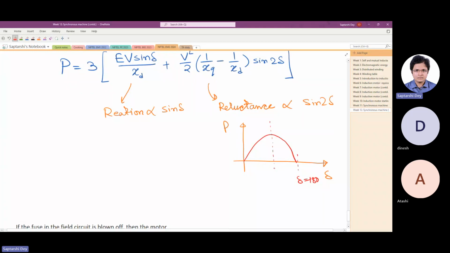At delta equals 90, you have the maximum reaction power. Whereas reluctance varies like this. So the red one is the reaction power and the green one is the reluctance power.